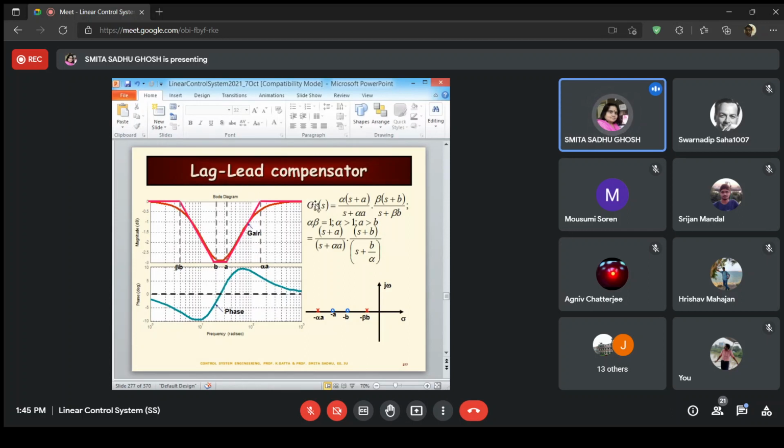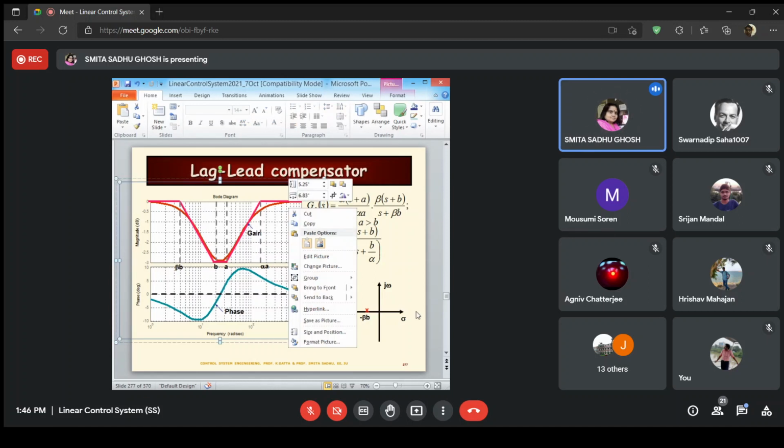As I told you, for the case of the pure lead and pure lag compensators as well, the exact plot is not required as far as the module is concerned, simply because the exact plot can actually be drawn, number one, from the asymptotic magnitude plot, number two, from the expressions.